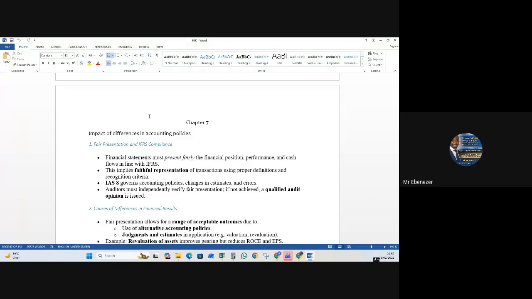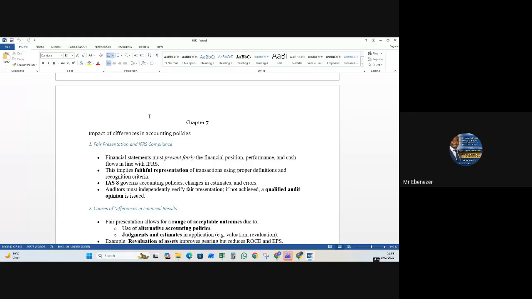Right? That is, financial statements must be presented fairly. The income statement, financial position, and cash flow statement must be in line with IFRS. And it implies faithful representation of accounting policies. So you represent your transactions, using the proper definition, recognition criteria, disclosure requirements, and also your presentation.